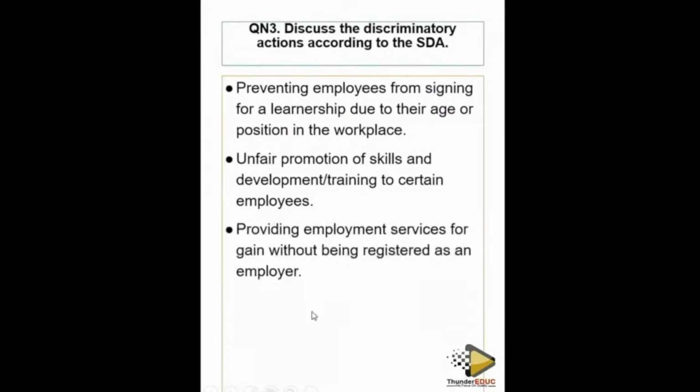So now moving on, this act says no to providing employment services for a gain without being registered as an employer. Meaning here, if a business is not registered, it can't take part in skill development training.